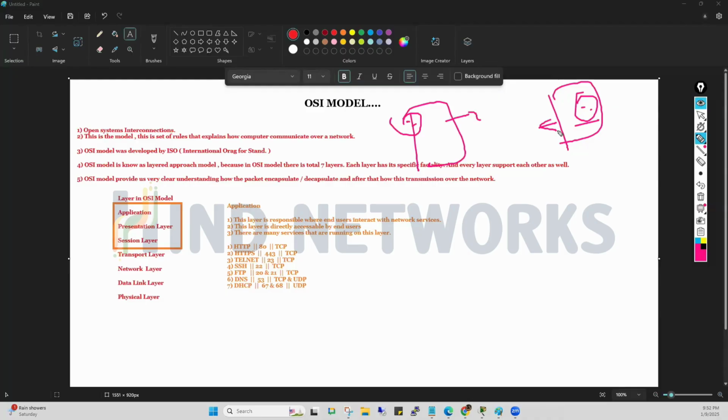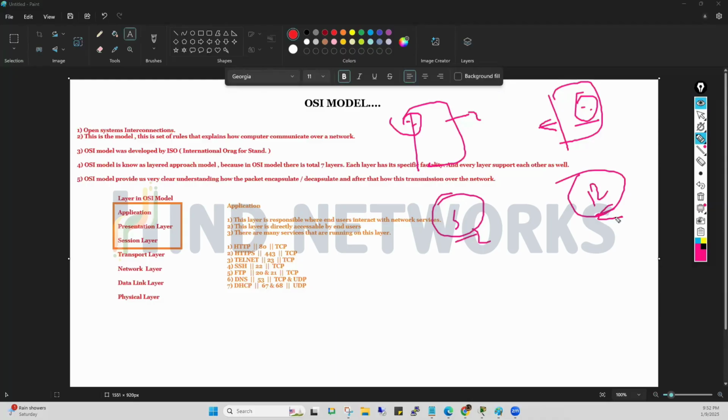Everyone, yes or no? In the same way, that is the sender device, and that is the receiver device. Before sharing any information with each other, they want to establish a better connection. And how will the better connection be established?